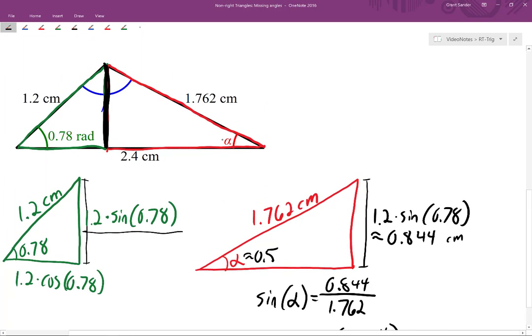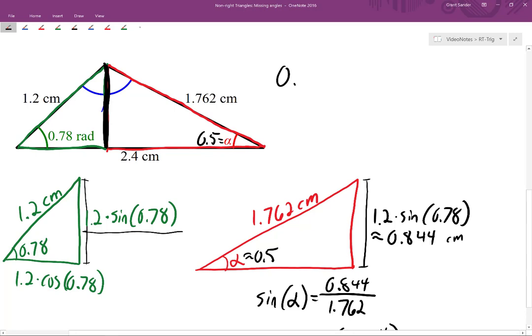And we can fill that in on both of our diagrams. So now we have two of the interior angle measures, and we want to know the other one. But recall that with any triangle, the interior angles add up to 180 degrees. And 180 degrees is pi radians. So if we take the radian measures of all of these interior angles and add them up, we should get pi radians.